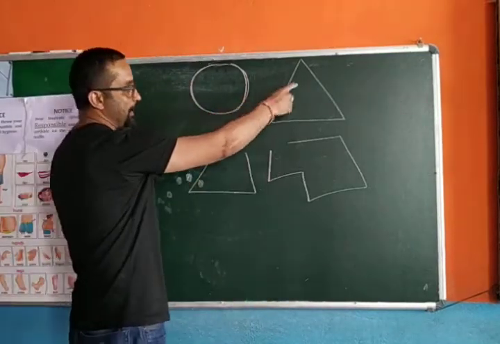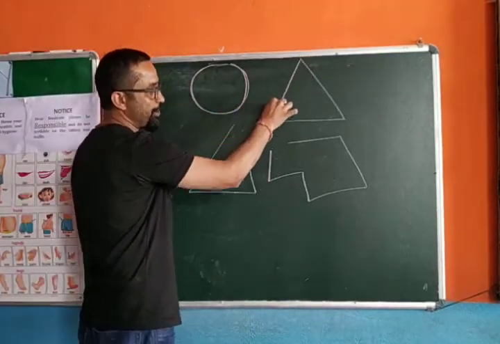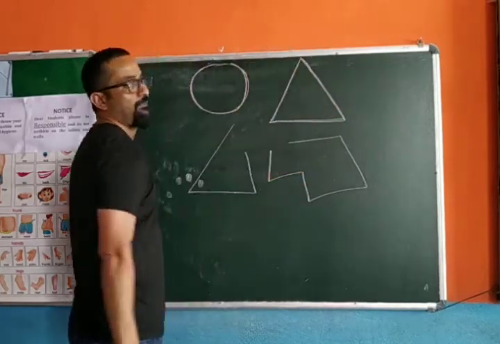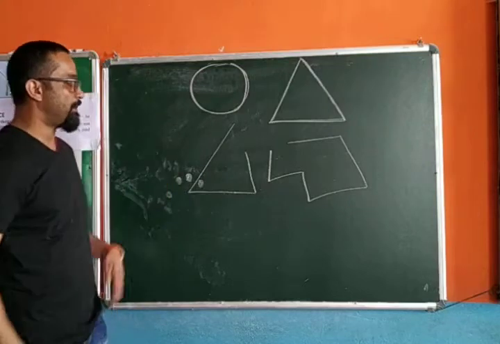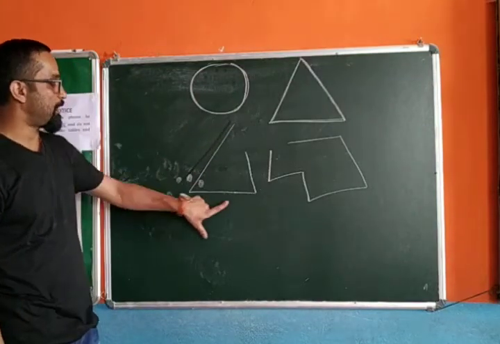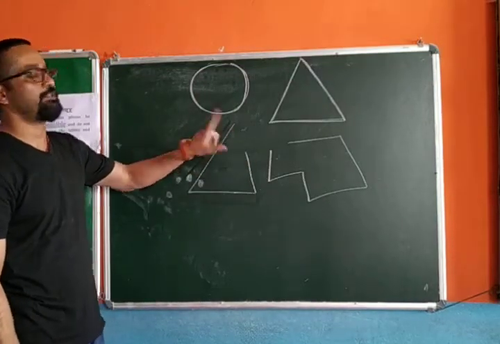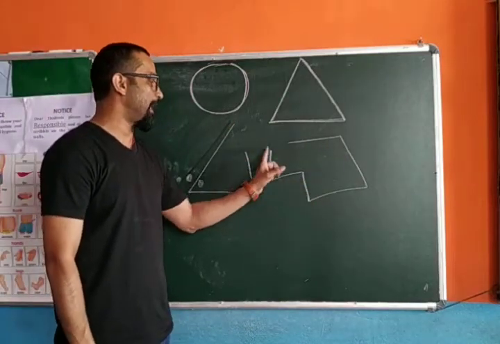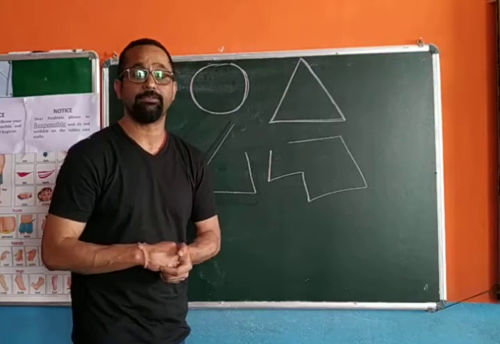In the second diagram also you have continuous line segments. In the third one we have continuous line segments but they are not joining. In the fourth one you have continuous lines but they are not joining.